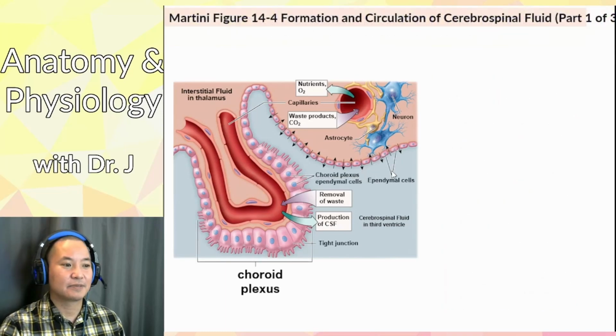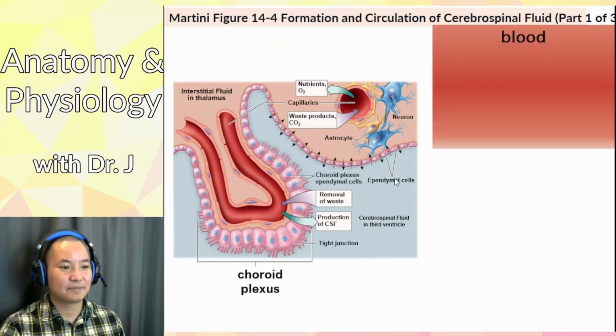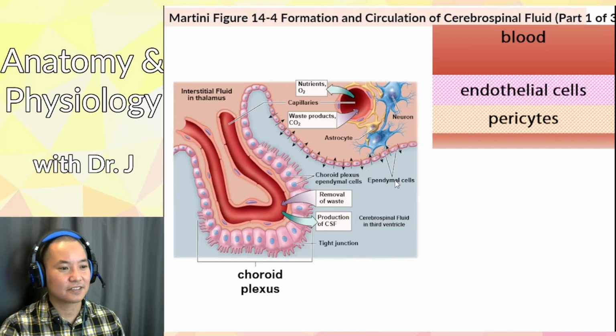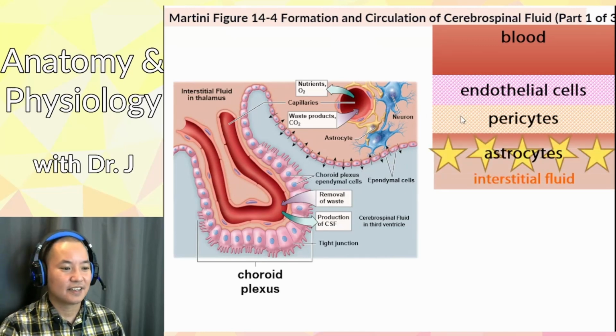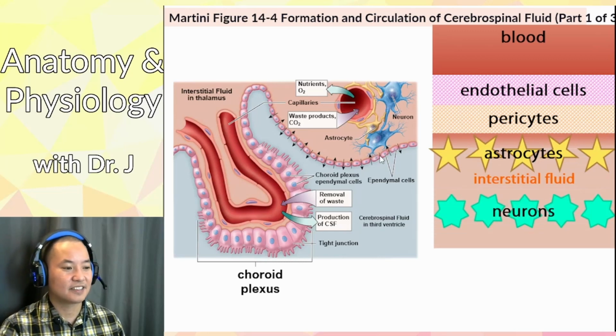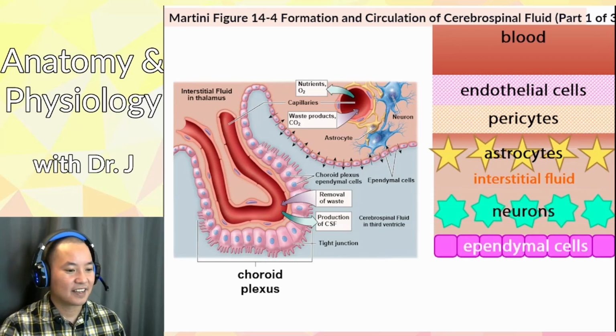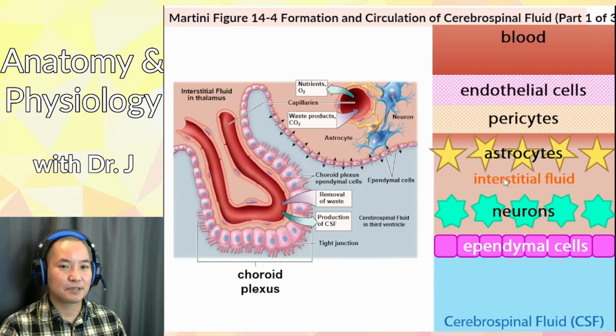I like to think of it as a water filter. You have blood, it's filtering through all these different layers of cells, eventually becomes interstitial fluid, then through neurons, and then through ependymal cells, and then it finally becomes cerebrospinal fluid.